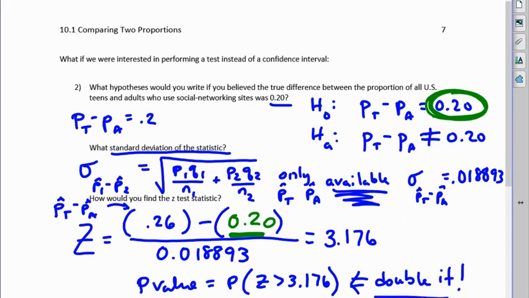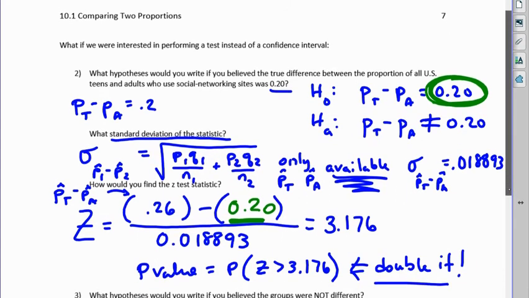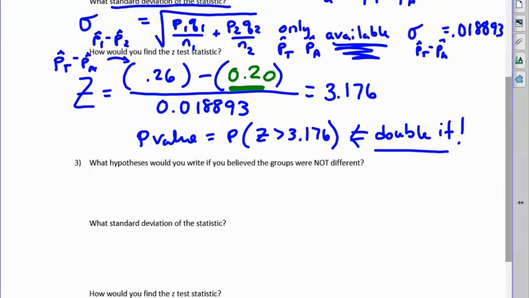So that's definitely going to be evidence, because that's going to be a pretty low p-value at a z-score that high. So you're going to have the same conclusion as you did with your interval, that you wouldn't say that they were really 0.2. That's going to be a lot of evidence.